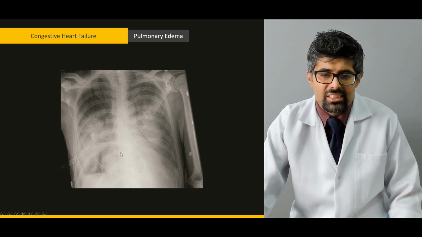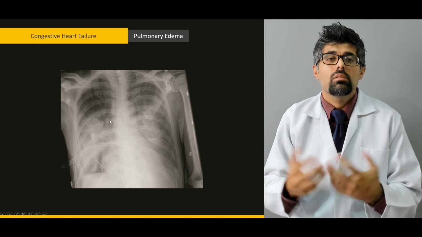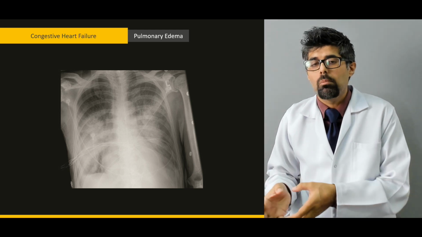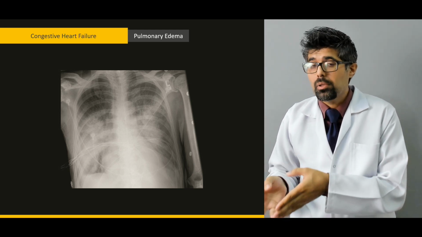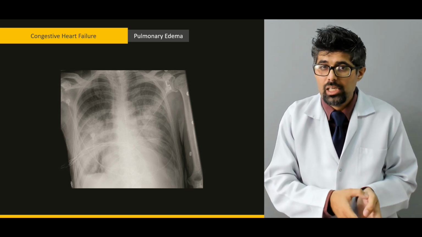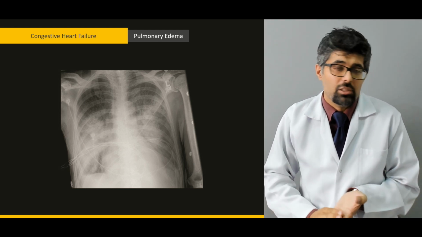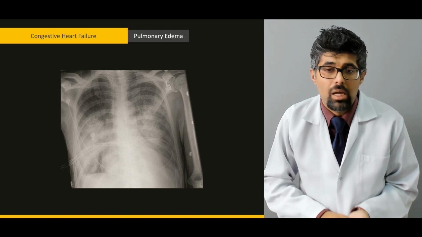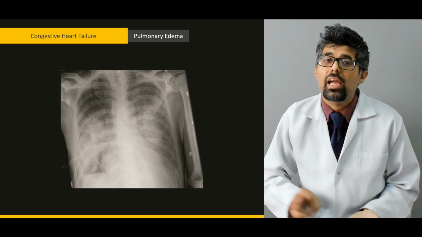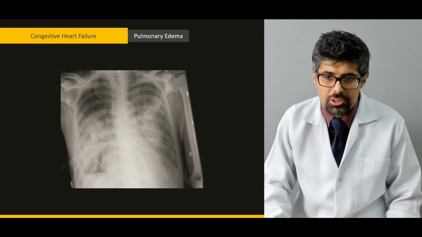It has a very central winged-like appearance, so it is called bat wing appearance. So bat wing pulmonary edema is again pathognomonic of congestive heart failure. So there are three things which are found if a person is suffering from congestive heart failure: bat wing style pulmonary edema, Kerley B lines, and the dilated upper lobe veins.